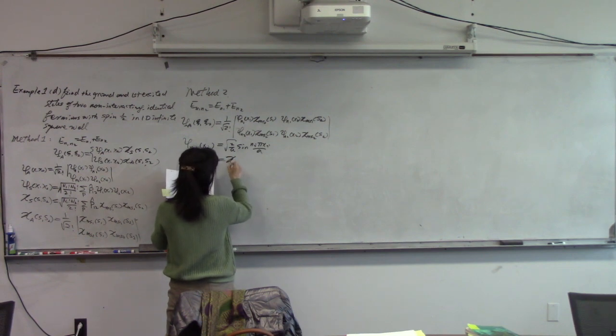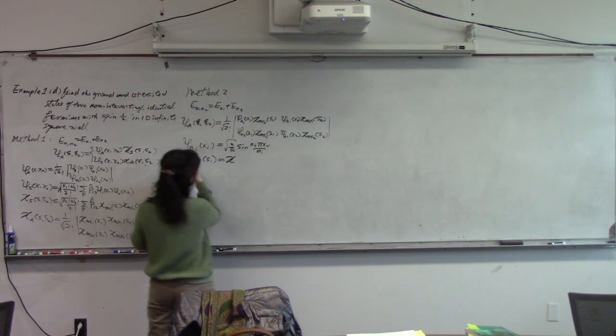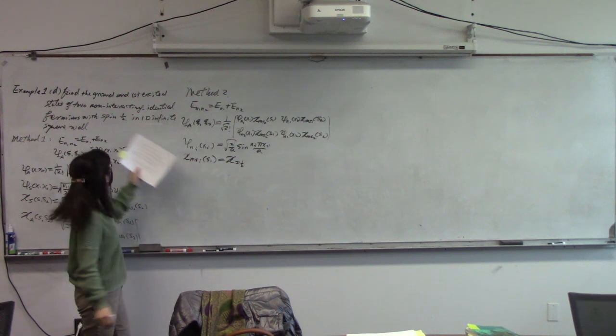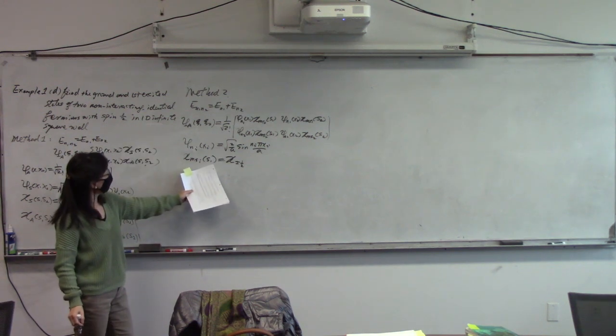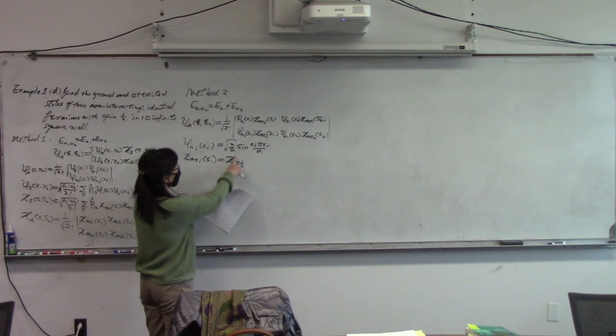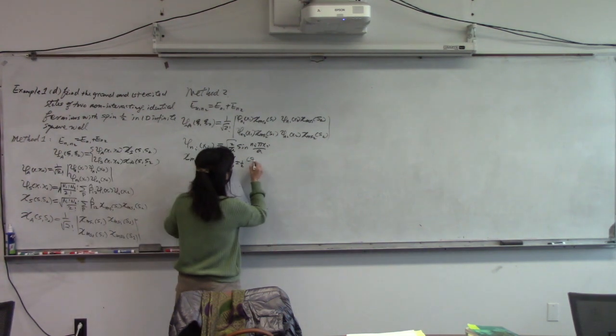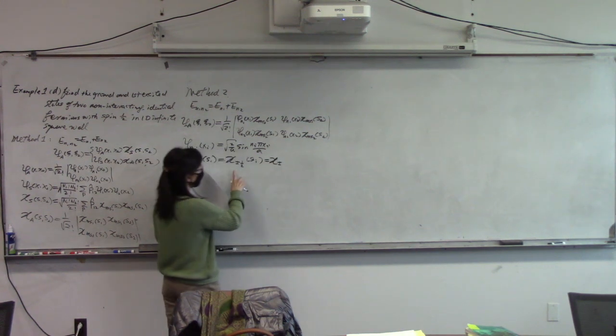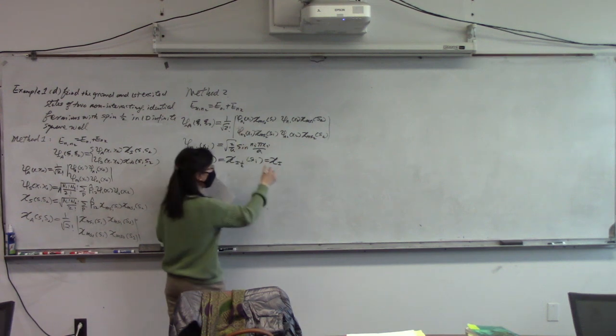Let me write that. Because this has 2 values, given s equal to half, then m_s is either plus half or minus half. So we have 2 states. I have just 2 indices here for this one, and sometimes it is also written as plus minus. Here it is plus minus half because it's just spin up and down.